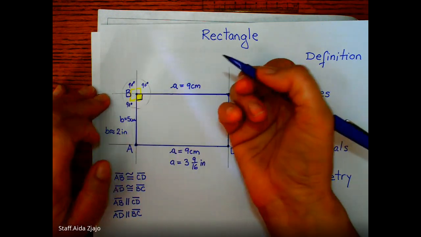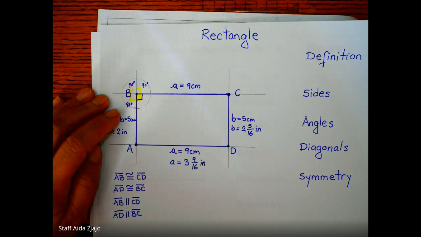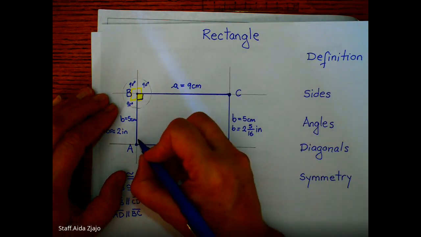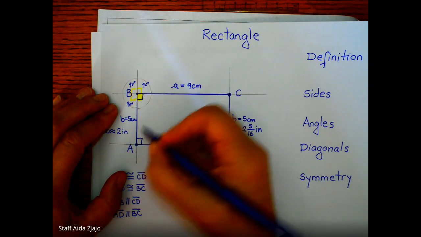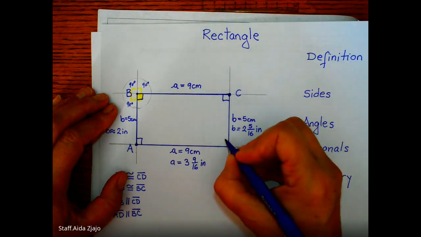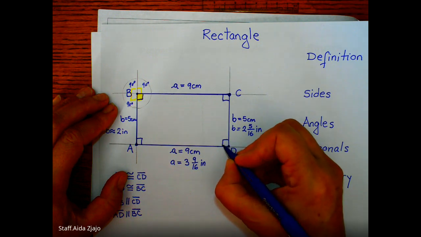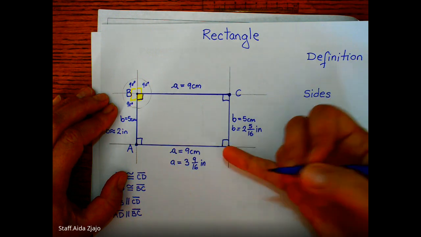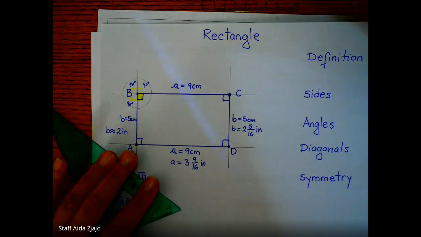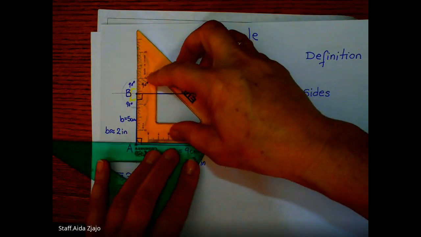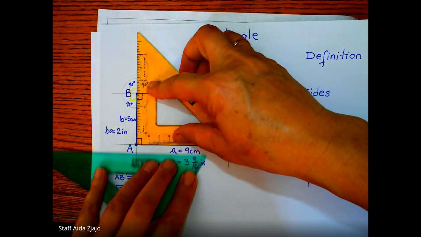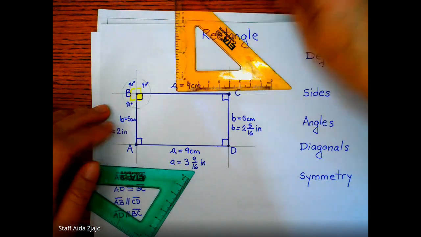So the one inside of our rectangle is also 90 degrees, as well as point A, point C, and point D, because the line segments are perpendicular to each other and cut the circle into 4 congruent parts, and each part is 90 degrees.